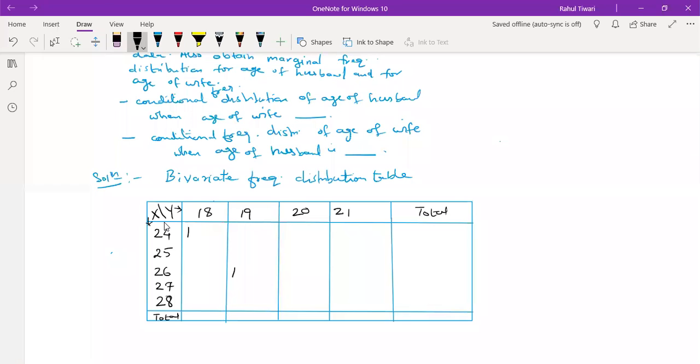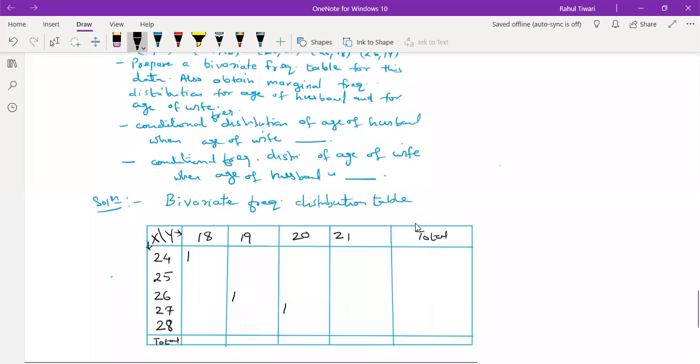Similarly 27, 20 marked as 1, and so on. This is the way we have to do the tally mark, and once it is done, we have to write the frequency here. Is that clear how to mark the frequency?